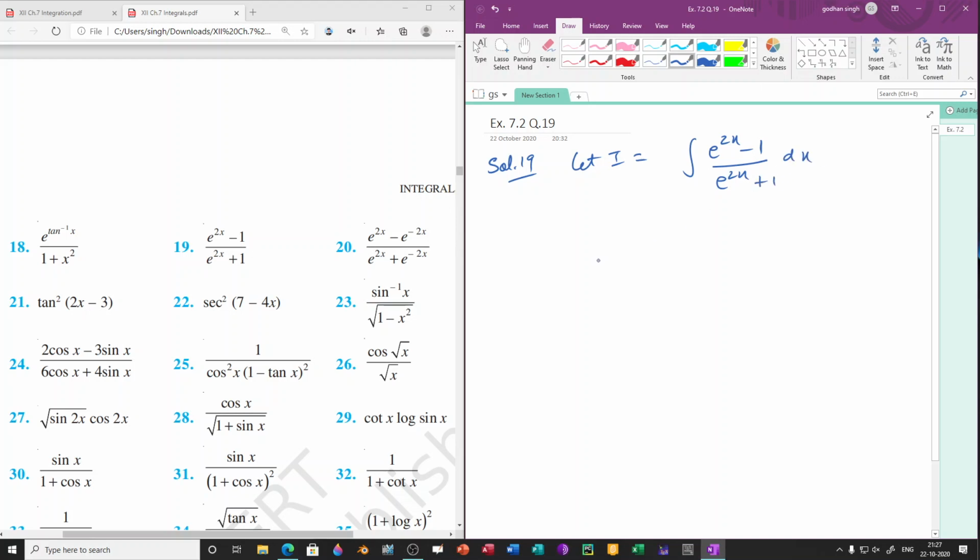So what we will be doing in this one is we will divide the numerator and denominator both by e^x.